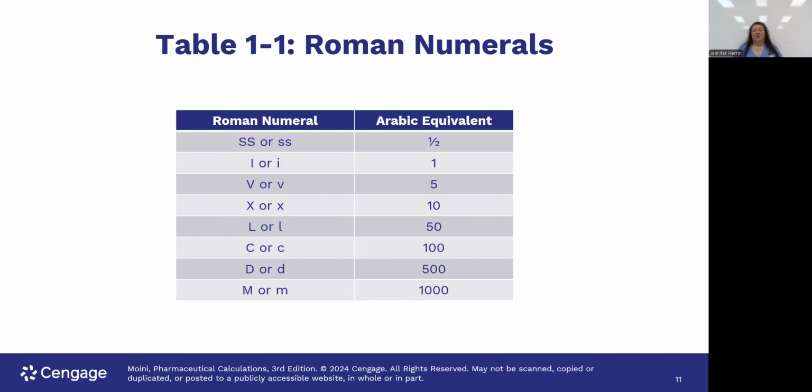V is the equivalent of the Arabic number 5. An X is the Arabic number 10. An L is the Arabic number 50. C, again, C note, is equivalent to the Arabic number 100. D is equivalent to the Arabic number 500, and M is equivalent to the Arabic number 1000.